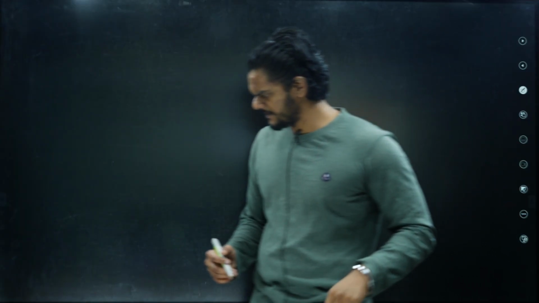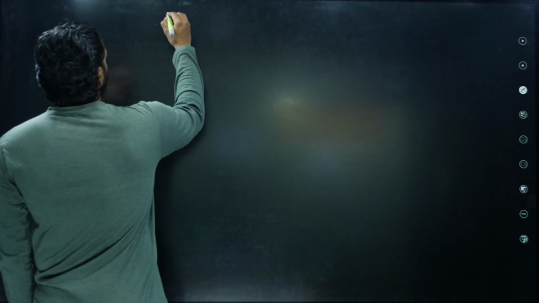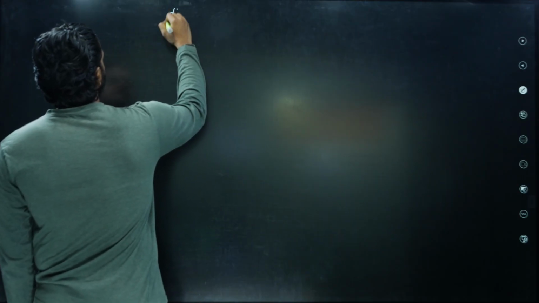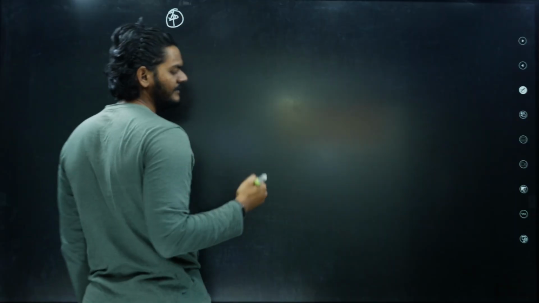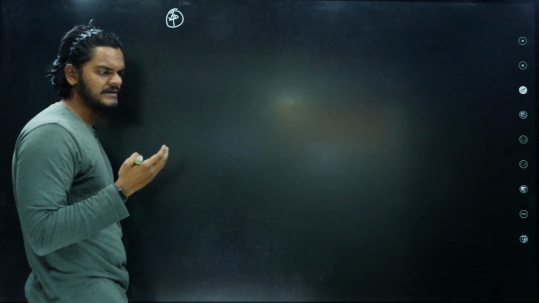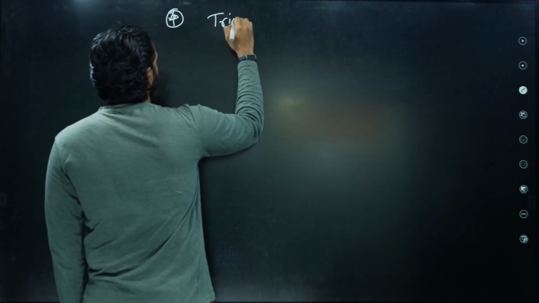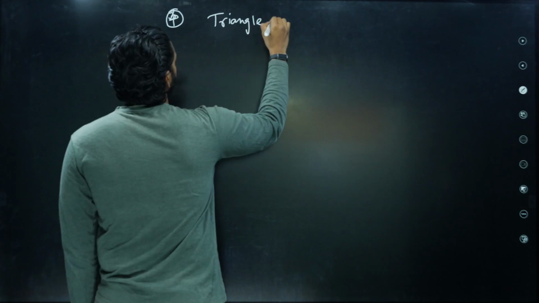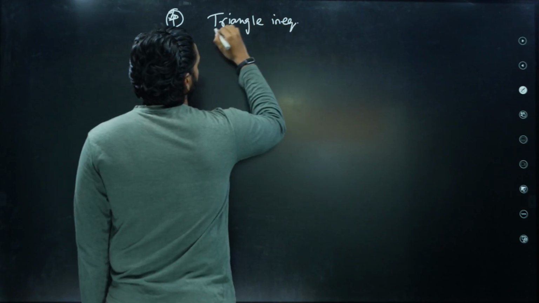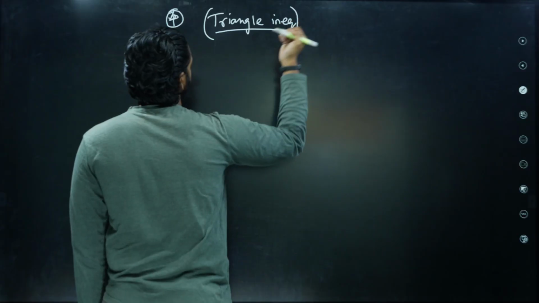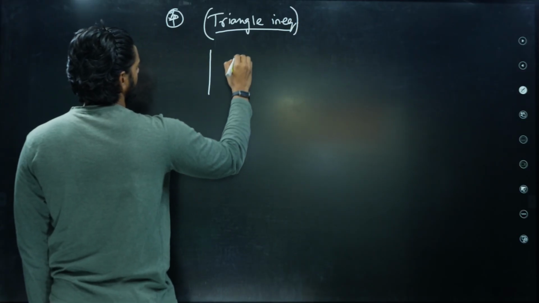Next thing which we are interested in happens in summation as well. It's called the triangle inequality. So I would call it the triangle inequality again. Kind of, but it's related to modulus.